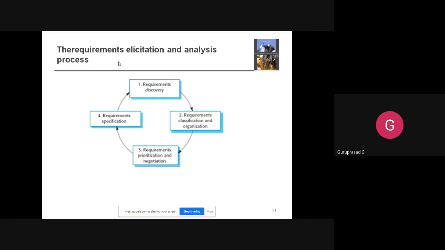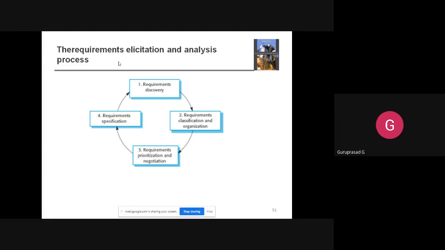See the diagram properly. What actually will take place in this activity? The software engineers are going to work with the customers and end users to find out the application domain, what services the system has to provide, and the performance of the system. That means the functional and non-functional requirements. The elicitation and analysis will involve different types of people.